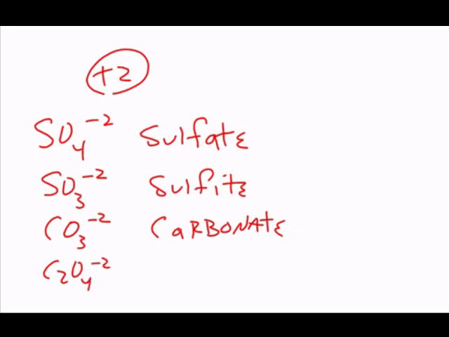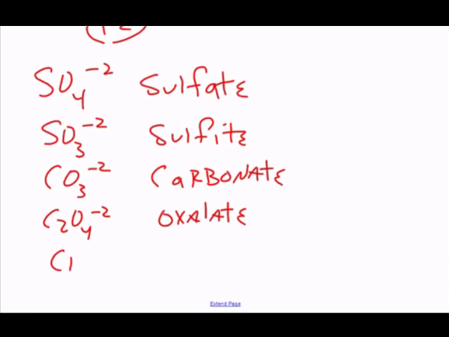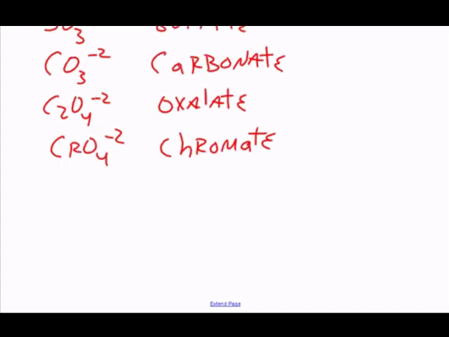And oxalate is C2O4 -2. Chromium has 2 polyatomic ions. Chromate is CrO4 -2, and dichromate is Cr2O7 -2.